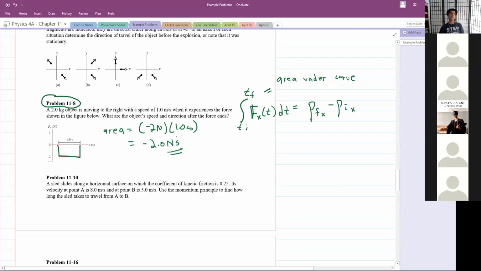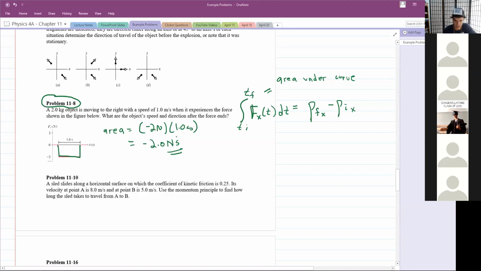The unit of impulse is the unit of force times the unit of time, the newton-second. The unit of momentum is the kilogram meter per second. Those are equivalent, but we always use kilogram meter per second for momentum and newton-second for impulse.